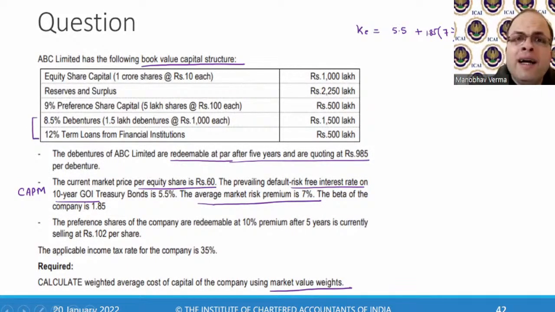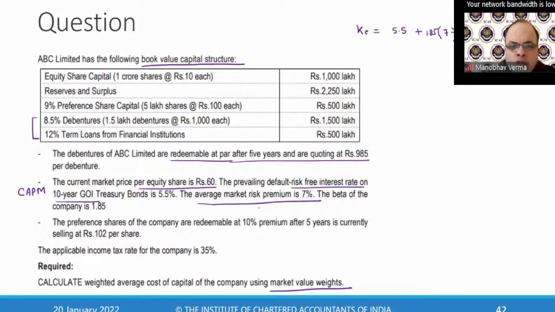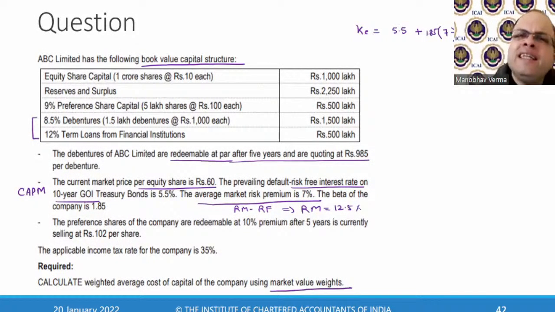It's not RM, guys. It's RM minus RF. So RM minus RF is already given. Of course, that means my RM would have been 12.5%. We don't need that, though I'm just telling you.